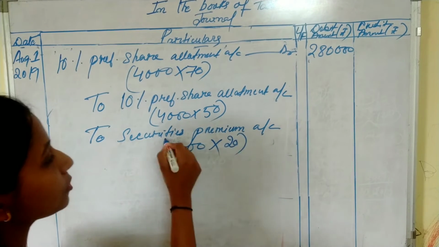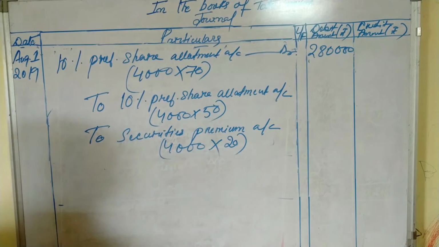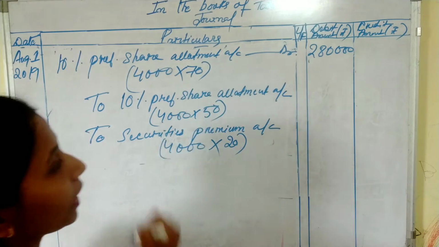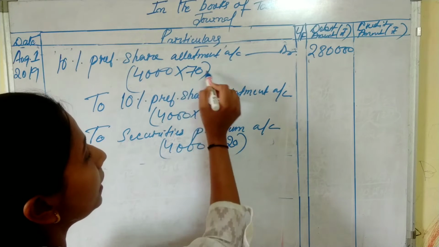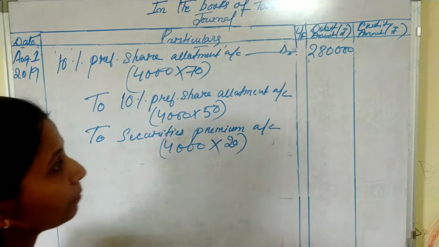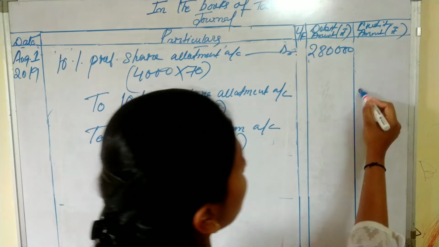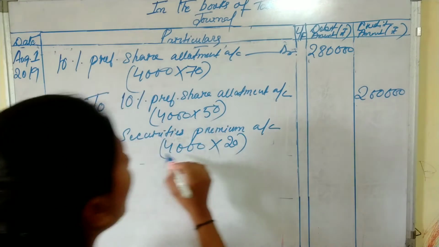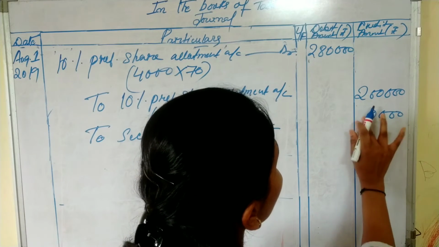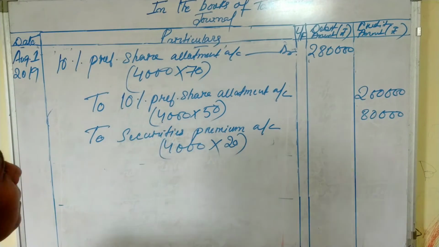Amount for premium is 20. 20 is for securities premium. Okay. Now see, this 70 is the total amount of allotment. Now in 70, 50 rupees is for the allotment and 20 rupees is for the premium. Now 4,000 multiplied by 50, that is 2 lakhs, and 4,000 multiplied by 20, that is 80,000. 2,80,000. Now see the journal entry.